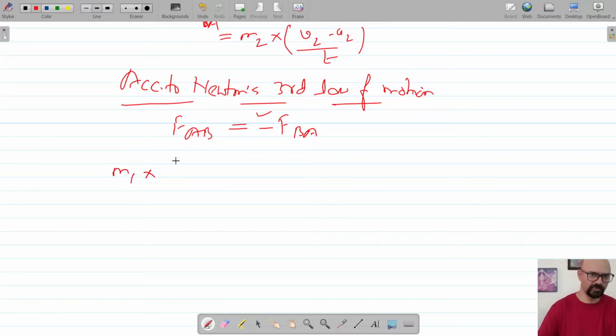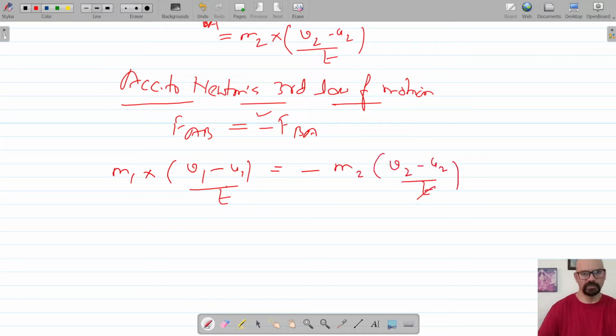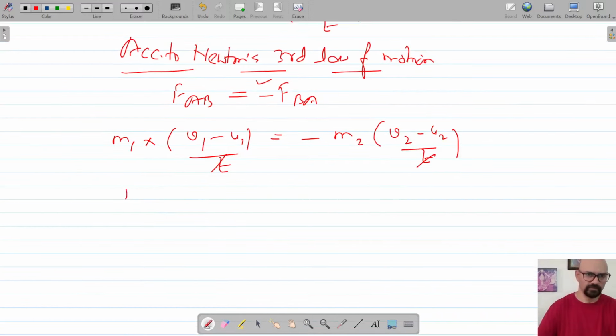So this is m1 into (v1 minus u1) by t is equal to minus m2 into (v2 minus u2) by t. So t and t get cancelled. And let's open up the brackets. So this is m1 v1 minus m1 u1 is equal to minus m2 v2 plus m2 u2.